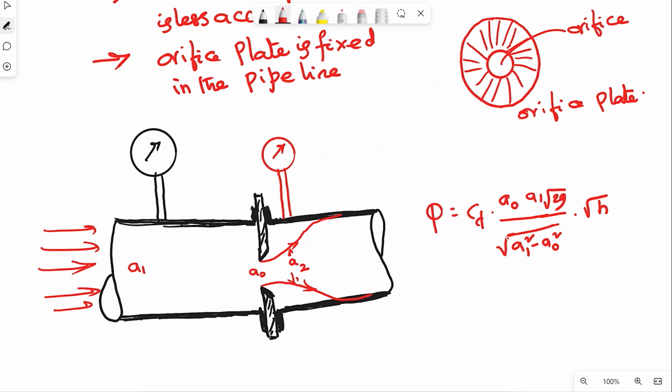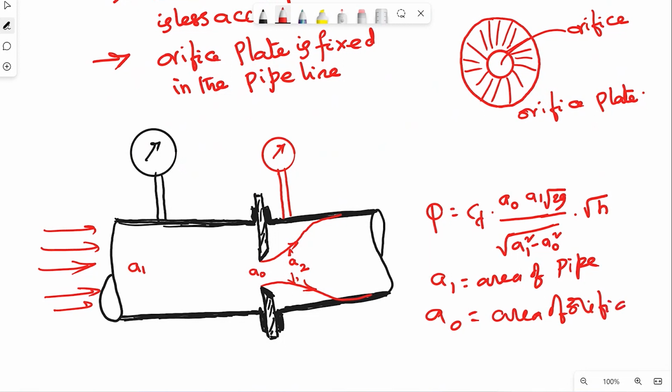Remember A1 is the area of the pipe and A0 is the area of the orifice plate.